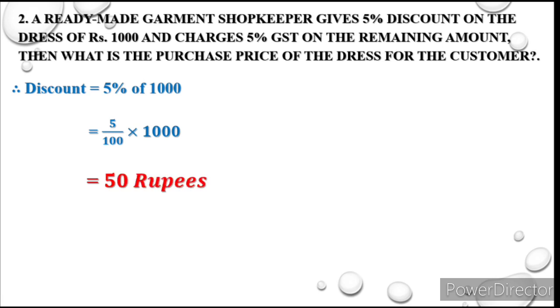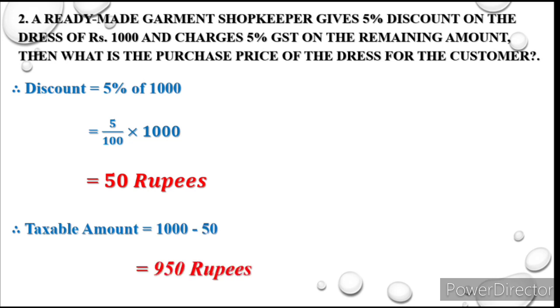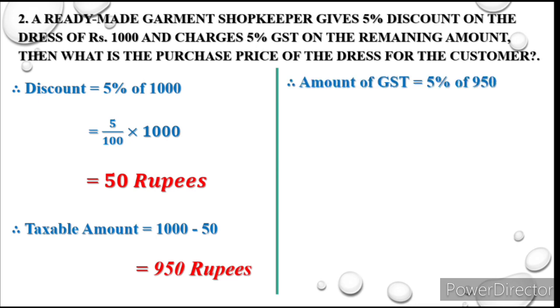So now taxable amount will be 1000 minus 50, which is 950 rupees. On this 950 rupees, the shopkeeper charged 5% GST. So amount of GST is equal to 5% of 950. 5 upon 100 into 950 will be 47 rupees and 50 paisa.